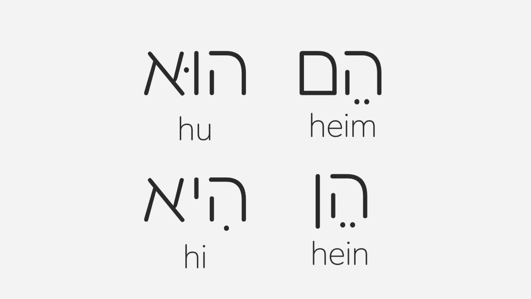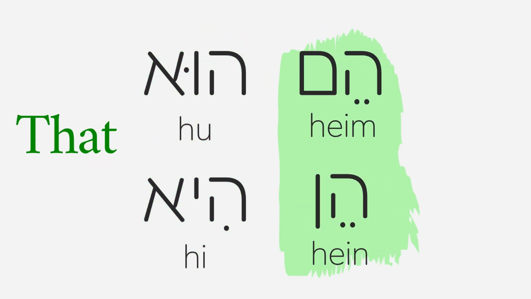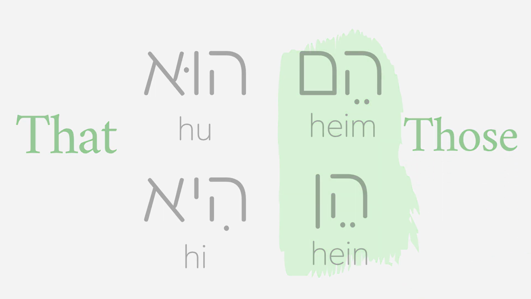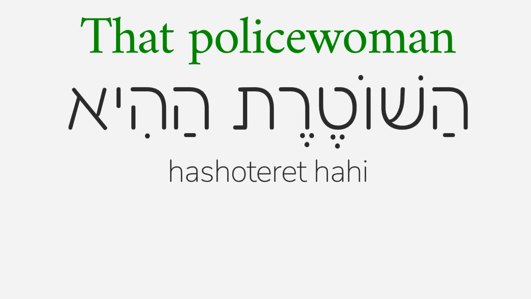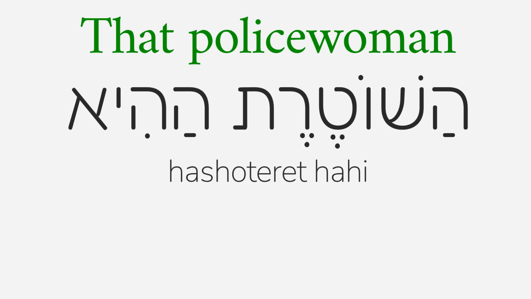This is actually a third use of the pronouns hu, hi, hem, and hen. Hu and hi are the masculine and feminine forms of that, and hem and hen are the masculine and feminine forms of those. So if we wanted to emphasize that policewoman, we could say ha-shoteret ha-hi instead of ha-shoteret hazot, using the feminine singular pronoun hi to mean that.